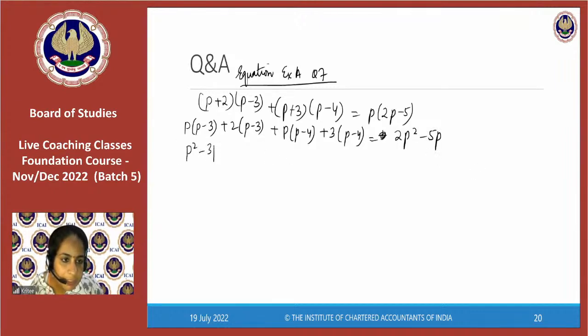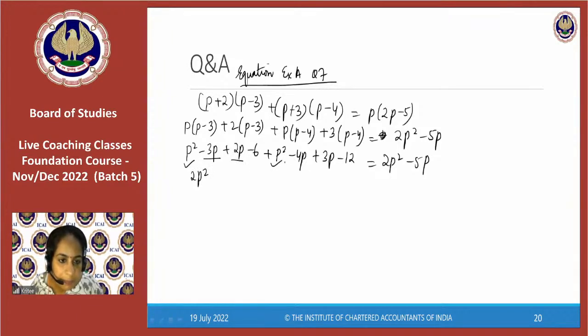P squared minus 3P plus 2P minus 6 plus P squared minus 4P plus 3P minus 12 equals 2P squared minus 5P. Take everything on one side. So P squared plus P squared makes 2P squared, minus 3P plus 2P minus 4P plus 3P, minus 6 minus 12, minus 18, equals 2P squared minus 5P.